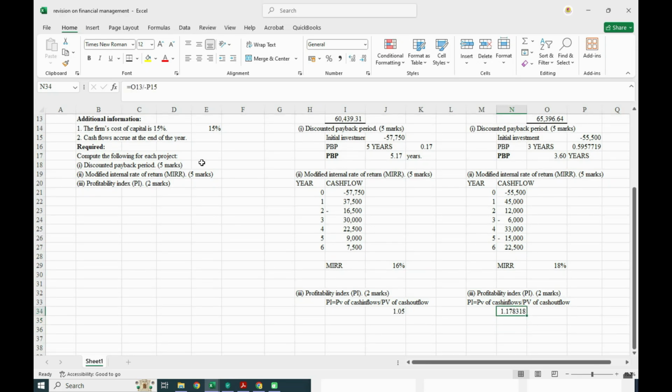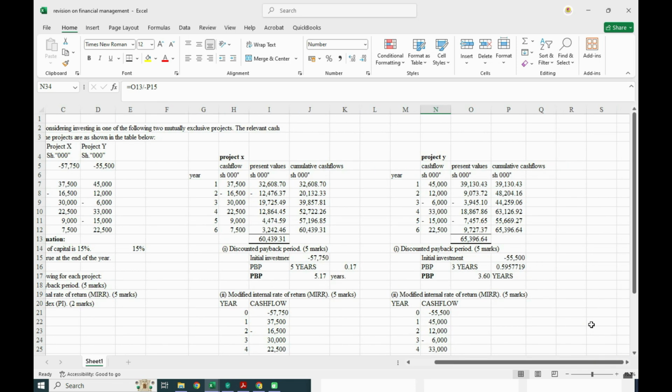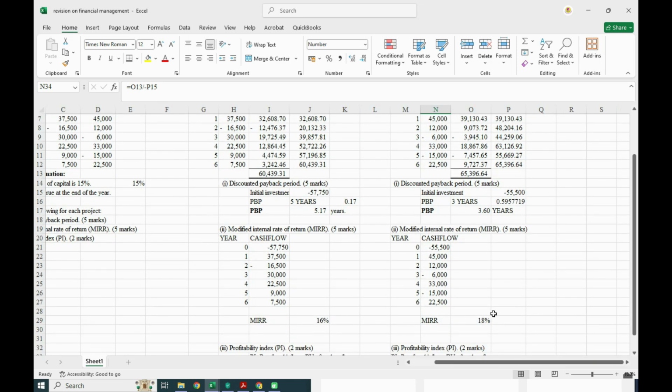Reduced to 2 decimal, 1.18. So still this one has a higher PI compared to this. So if you are to give the advice, in all cases they should go with project Y. That's how that question was supposed to be done.